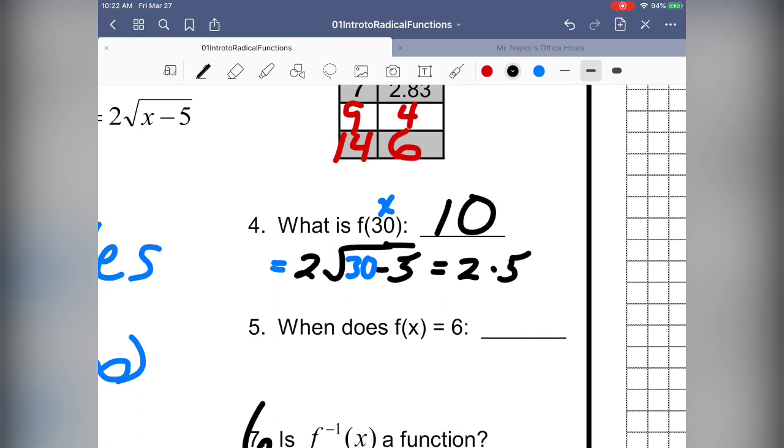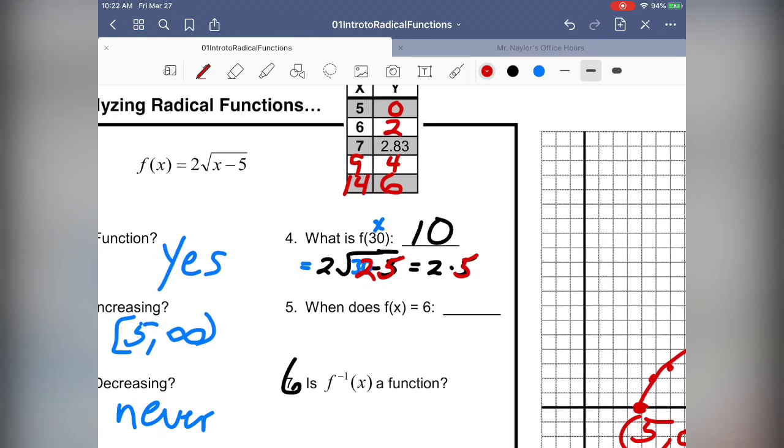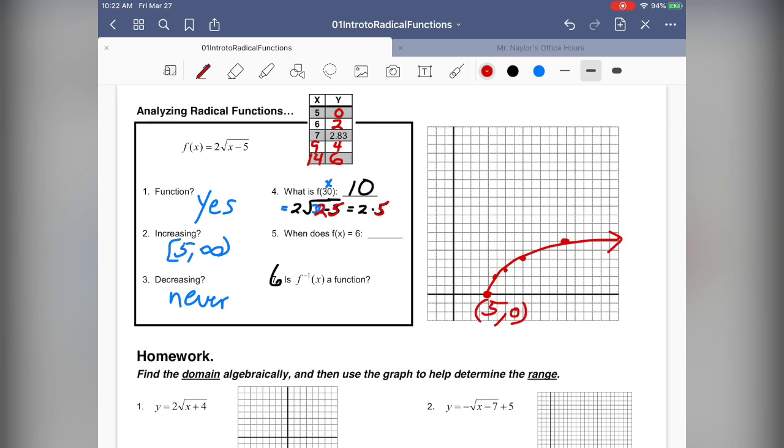So again, we got the square root of 25, and once we got that to be 5, our final answer comes out to be 10. Now, if I had enough space on my graph, I'd be able to mark the point (30, 10). Of course, we don't really have enough space to see that point, but it would be somewhere out here, again, at (30, 10).